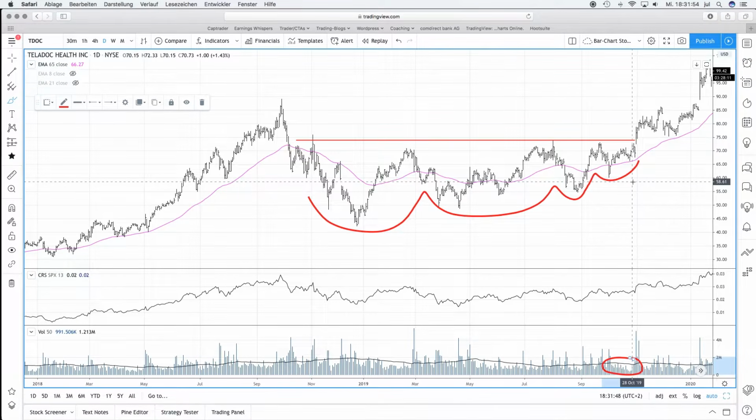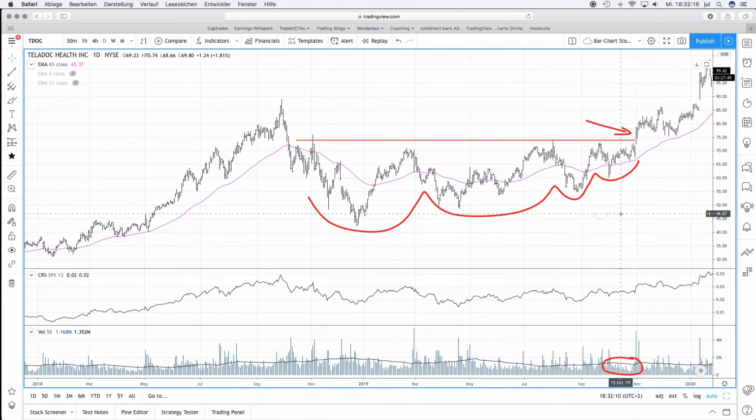And if you see that the volume is then increasing on higher prices, then you see, okay, now the buyers are back in control, and you can see that the price breaks out here out of the pattern and then starts its up move.